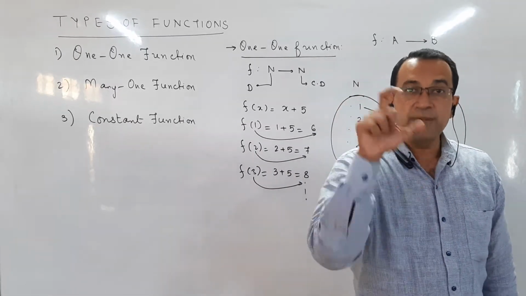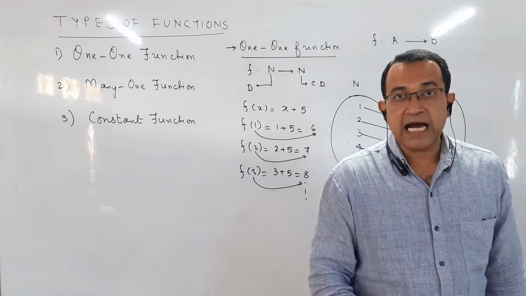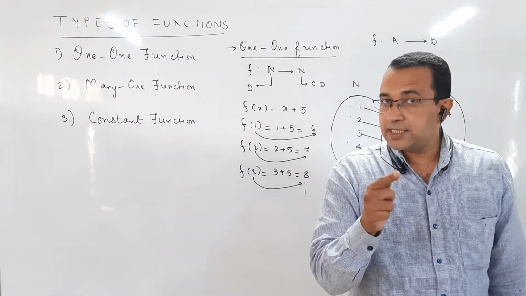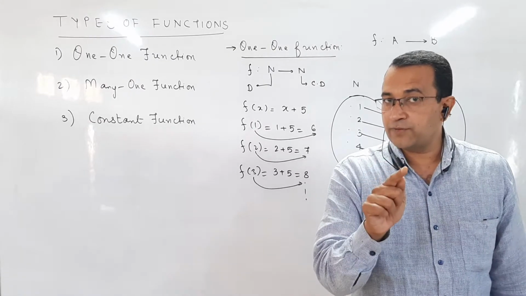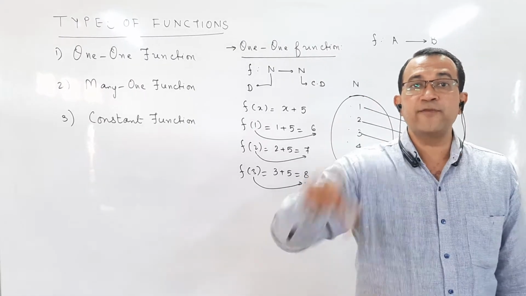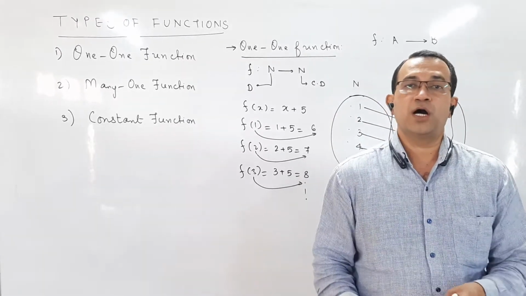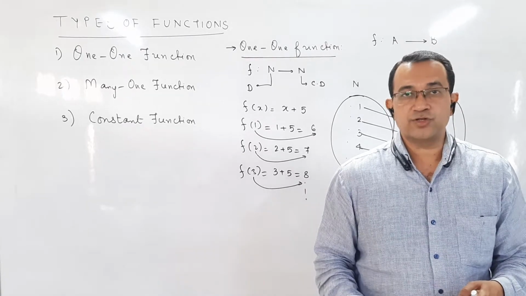So if their images or functional values are the same, then it is not a one-one function. But if their images or functional values are different or unique, then such a function is called a one-one function.